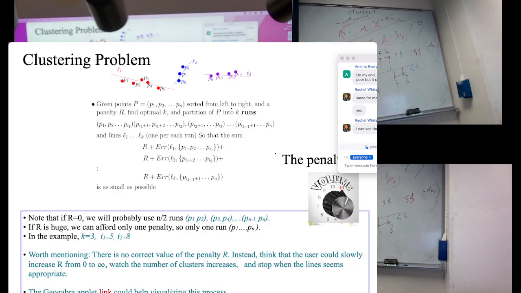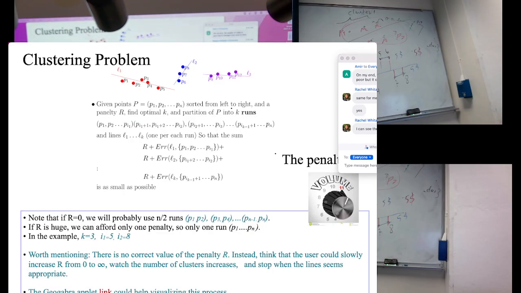First, I'm paying R because it's a cluster, and second, I take the points from P1 till P5, compute the best line, and compute the error that I get for this line. Does this line really fit the points very well? Is this line far away from these points? Because I still don't know that this is a good one. The penalty that I pay for this one will be R plus this error between the optimal line and the points. But I have to pay for other clusters.